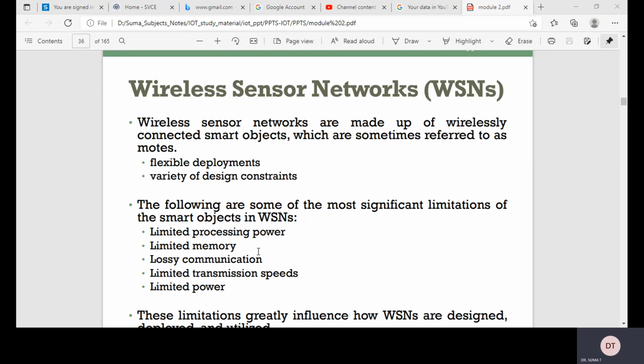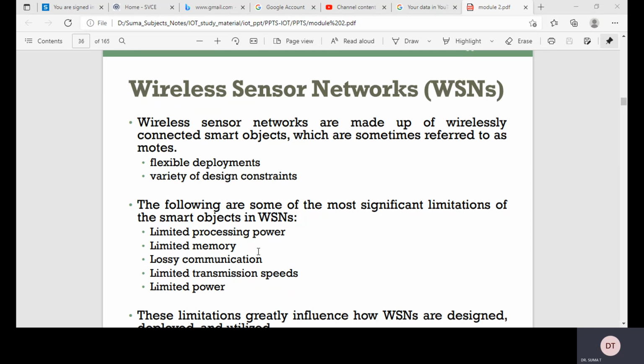WSNs is surely a powerful advantage for flexible deployments, but there are a variety of design constraints to be considered with these wirelessly connected smart objects. Some of the most significant limitations of these smart objects in wireless networks are limited processing power, limited memory, lossy communication, limited transmission speeds, and limited power.